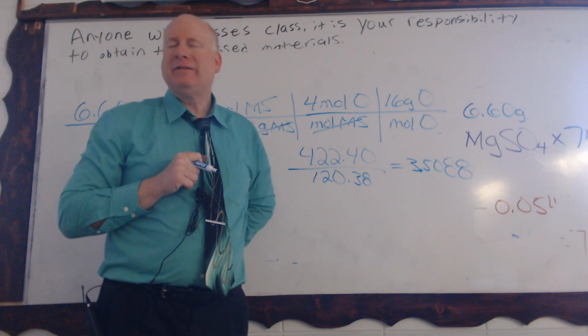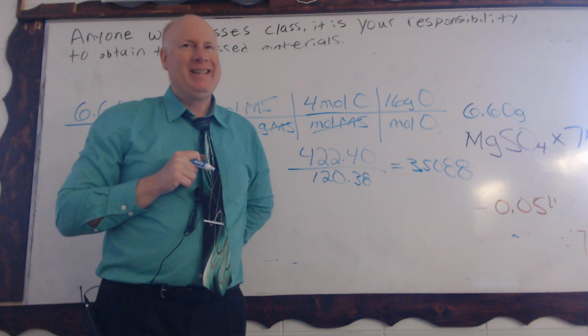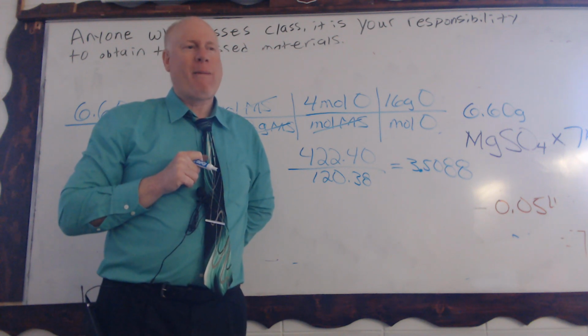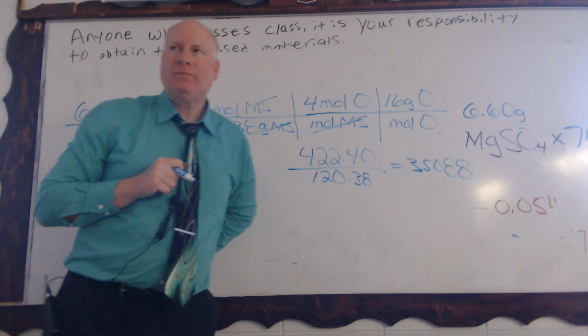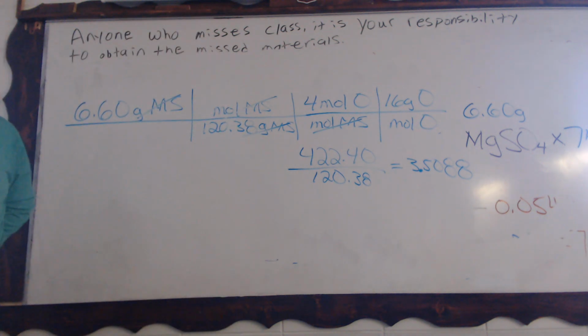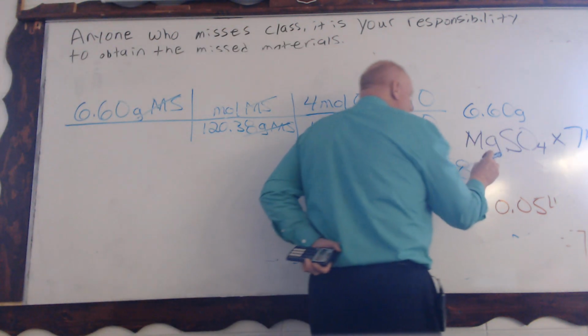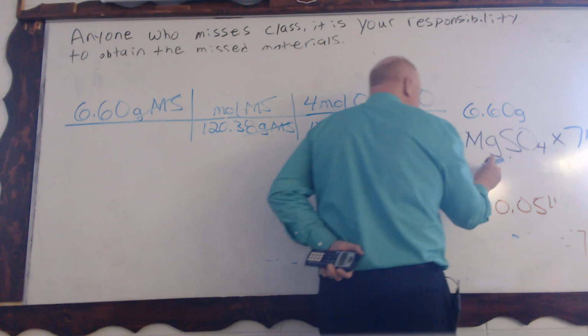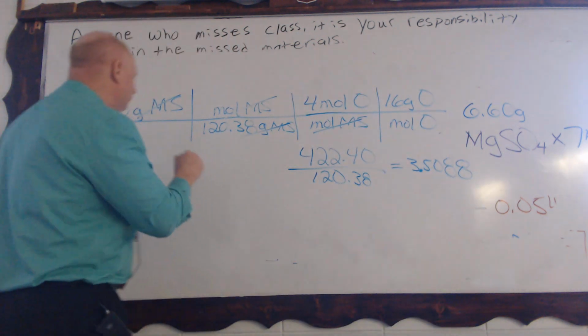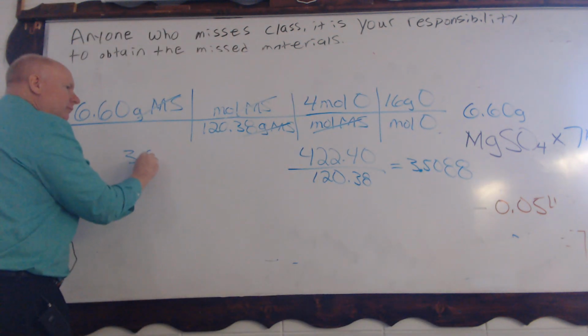No, because it would have given you a decimal. Can you just do 120 divided by 120? You can't do it like that. So this is how much oxygen we have, but it doesn't say the percentage of it though. Divided by 6.6.